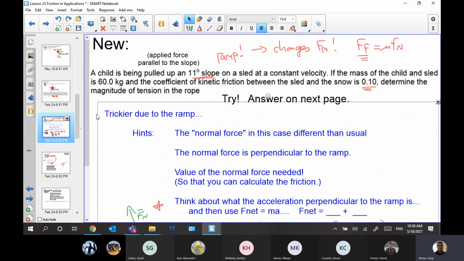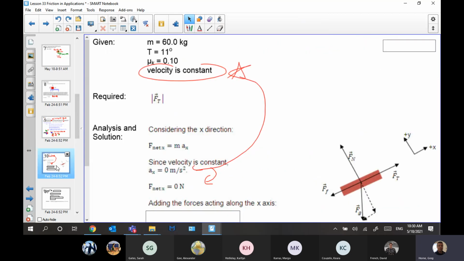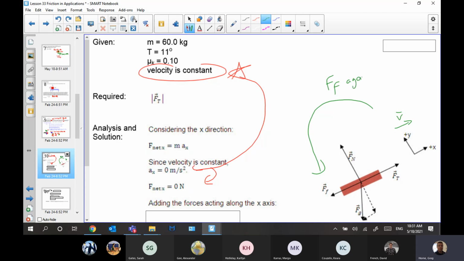If we drop back to the question here, we're being pulled up at a constant velocity. So that's why the friction force is down. That friction force is against the direction. We've got a velocity this way, and so we've got a friction force against the motion.